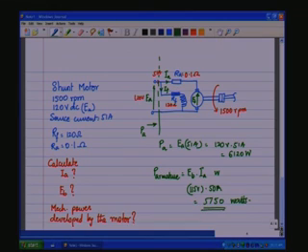So, this is the power that is delivered to the armature and will appear as the mechanical power that can be developed by the motor. So, this is the answer to the third point in the question.